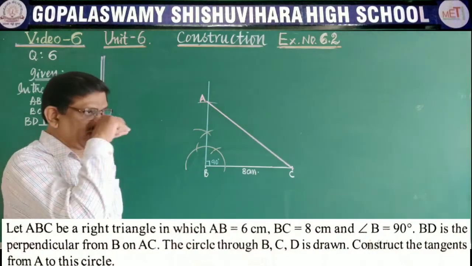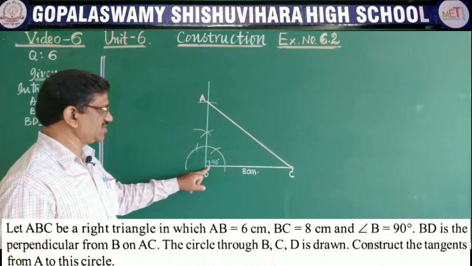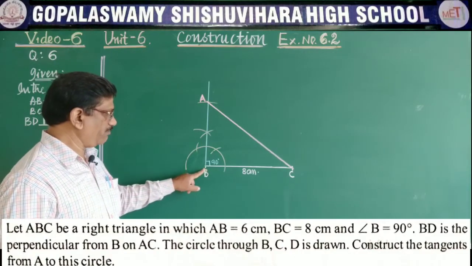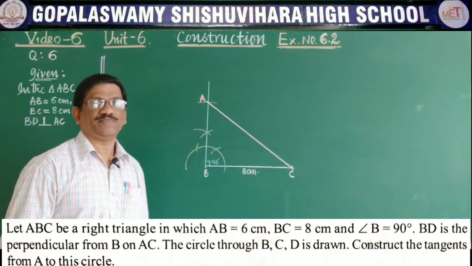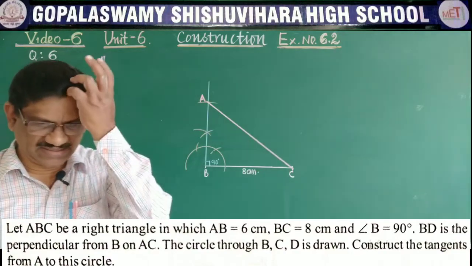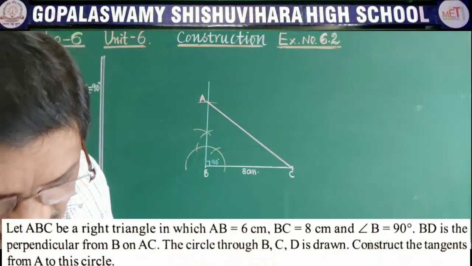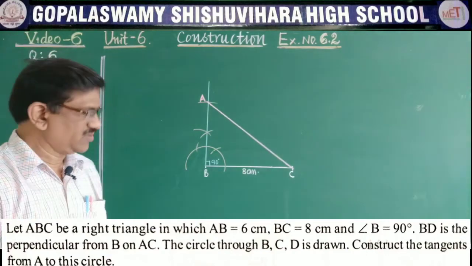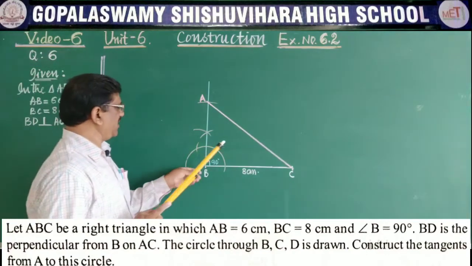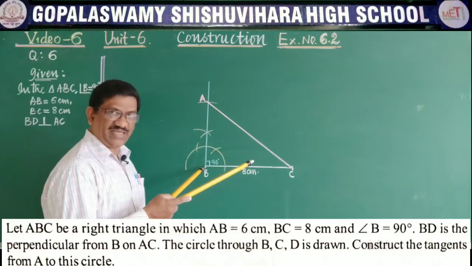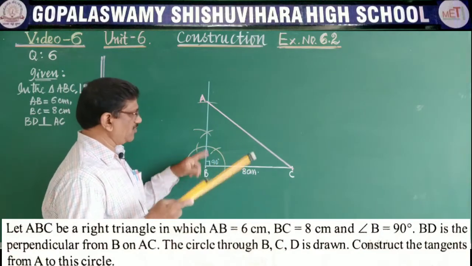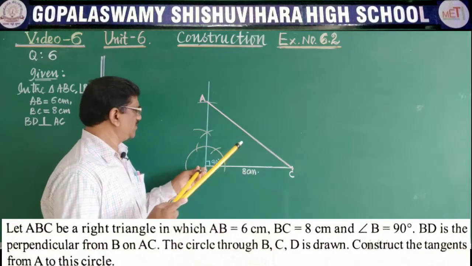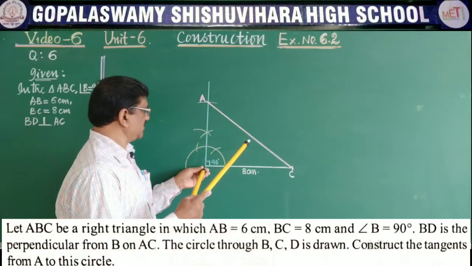Now the second point is we have to construct a perpendicular from B to AC. From B to AC. How to construct? You see here. First, with B as a center, you have to cut AC with a convenient radius.